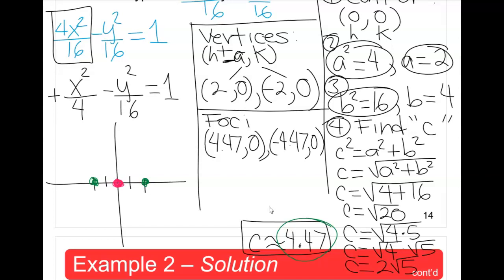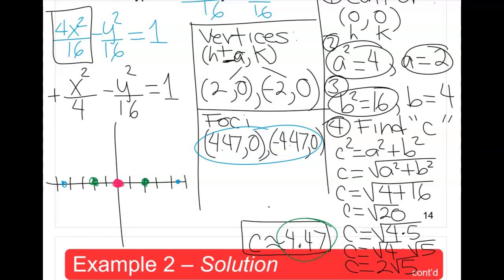So let's plot those. Okay, I'm going to plot them in blue. Okay, so something like that.